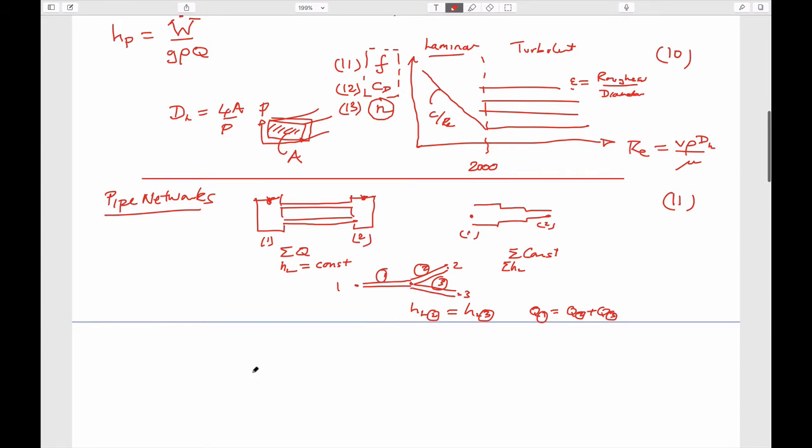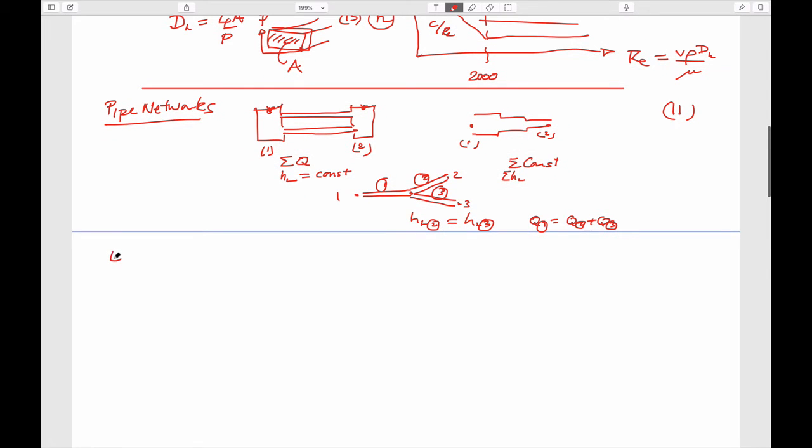And for external flows, typically there is a force that's applied on a component. It has its weight, and there's also a drag force which acts in the opposite direction to the motion in any case.